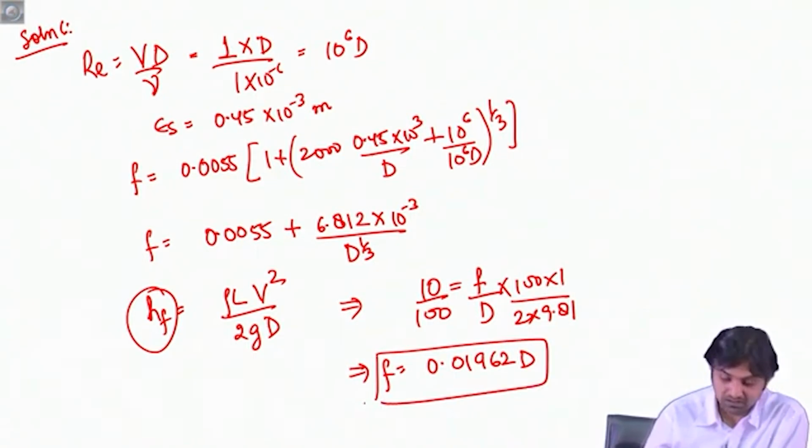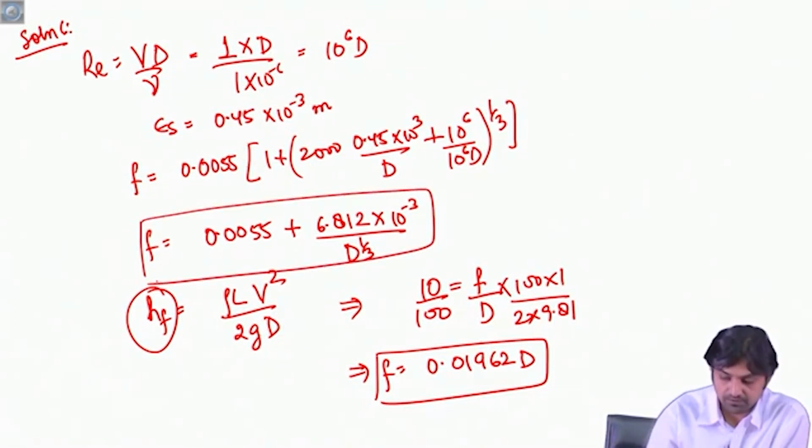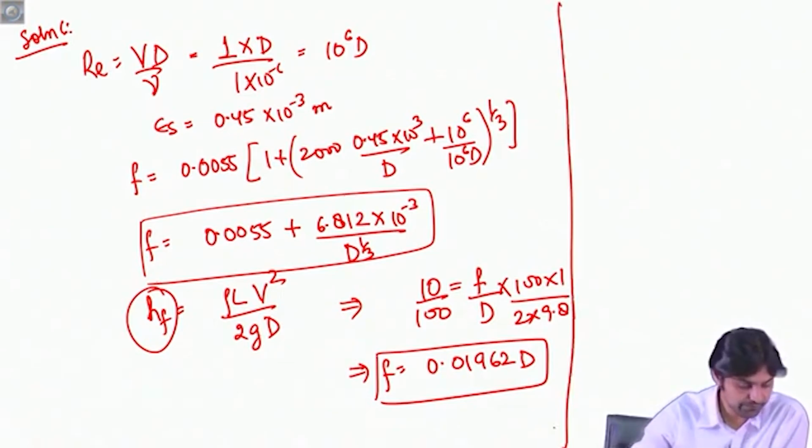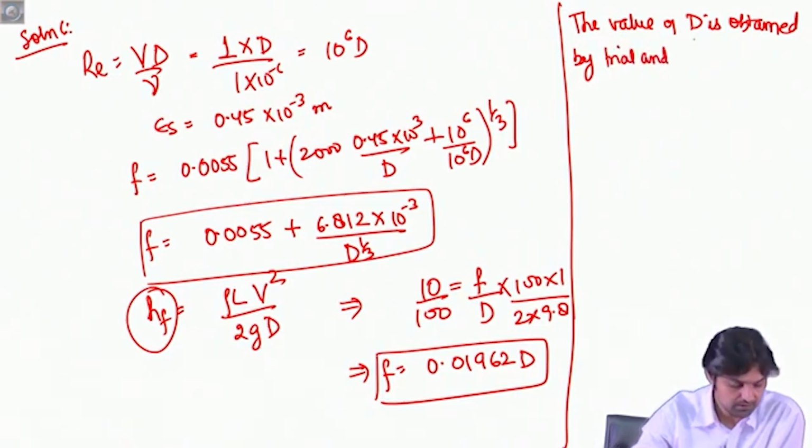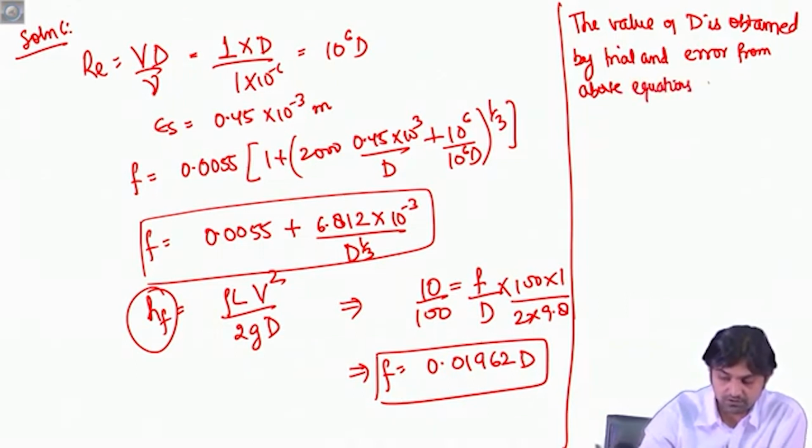All right, so we have two equations of f. The value of d is obtained by trial and error from the above equations of f.